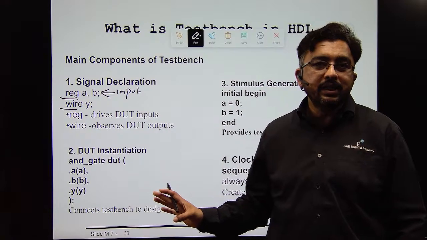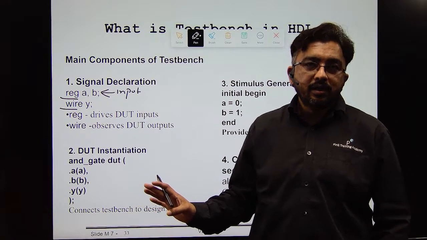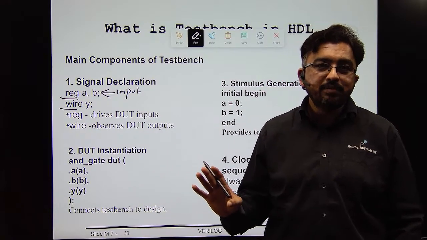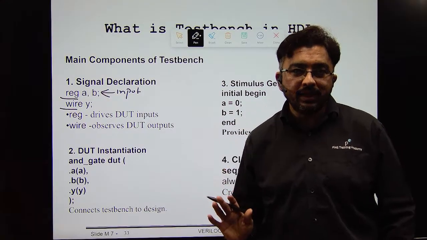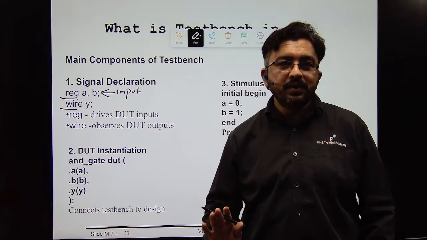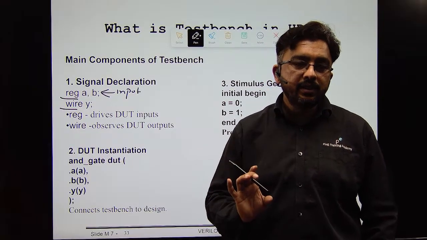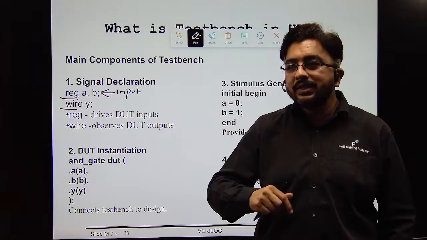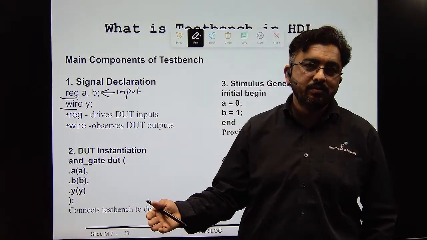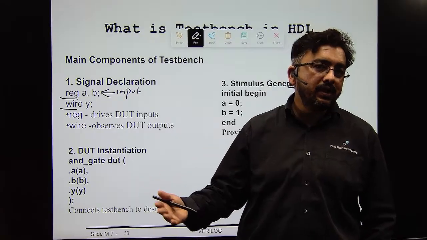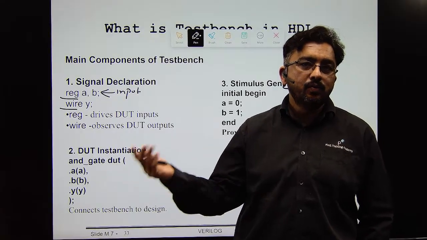But here in a test bench, the input is taking its values from the test information. That is why the data is stored in the form of reg, but the output keeps changing. It's not storing the value, so that is why the output is defined as a wire.